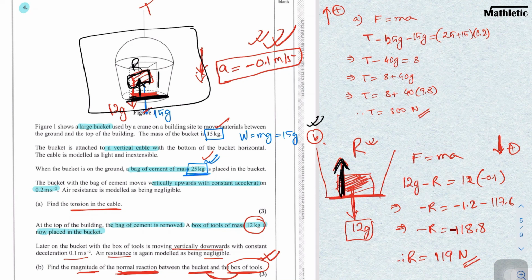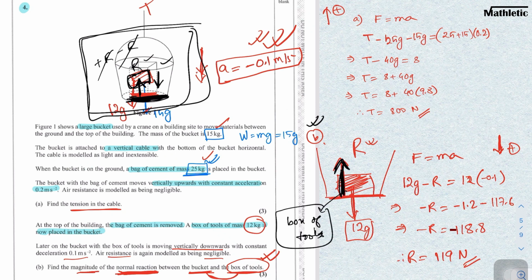Similarly, there is an equal and opposite force exerted by the box of tools on the bottom of the bucket. So if you consider the entire system, there will be an equation with plus R minus R, because they are in opposite directions, and it will cancel out. So that's why you have to use the box of tools specifically for part B. You have to use the free body diagram for the box of tools here.